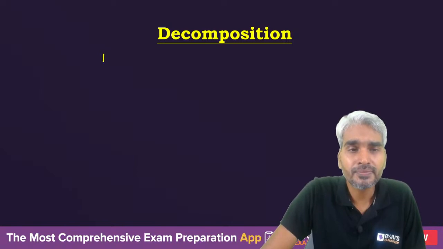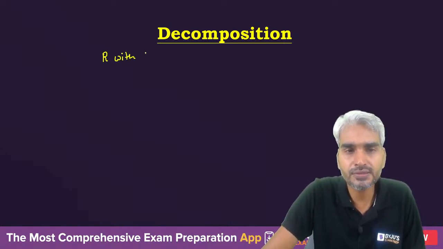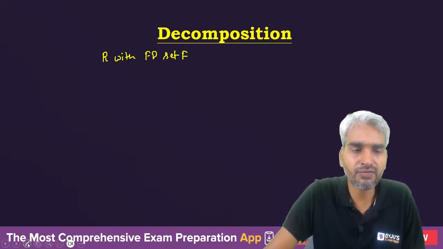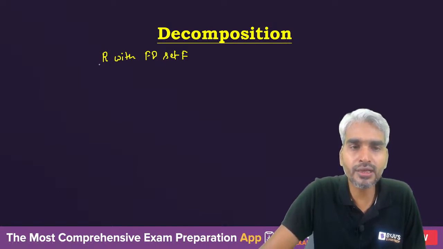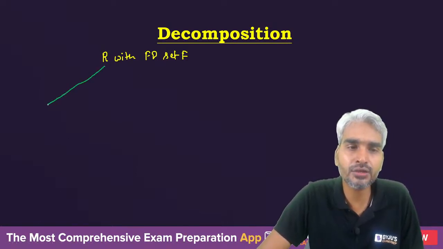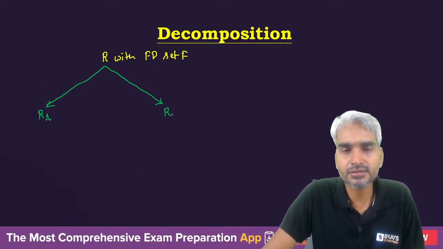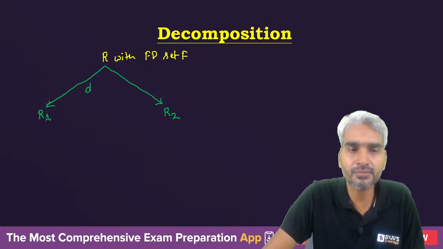Let's say there is a relation R with FD set F, and now we want to decompose this relation R into two sub-relations. One is R1, another is R2. So this is relation R1, this is relation R2.